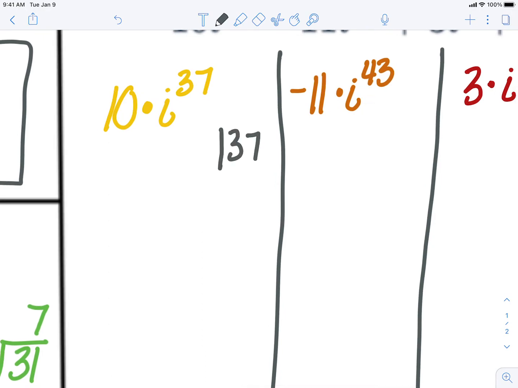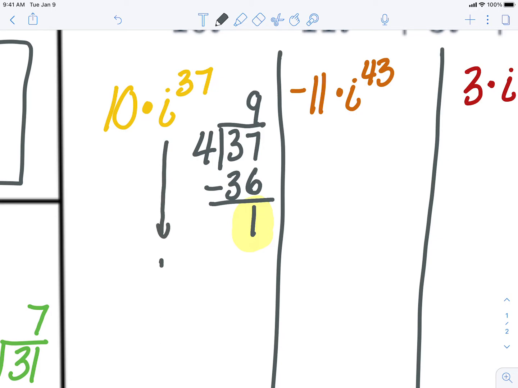So first I'm going to take 37. And I'm going to divide it by 4, right? 4 cannot go into 3. 4 goes into 37 9 times. 4 times 9 is 36. 37 minus 36 is 1. So this is my new exponent for my new i. So this is going to become i to the power of 1.